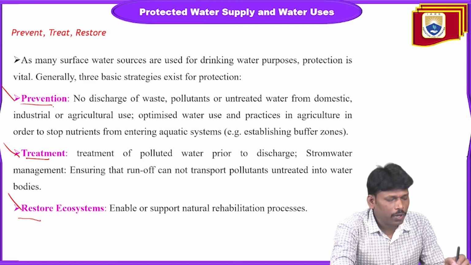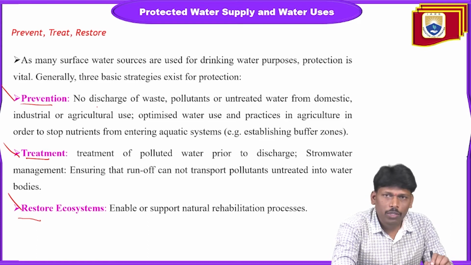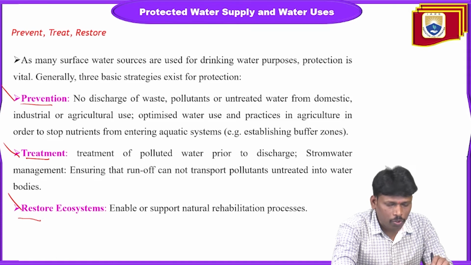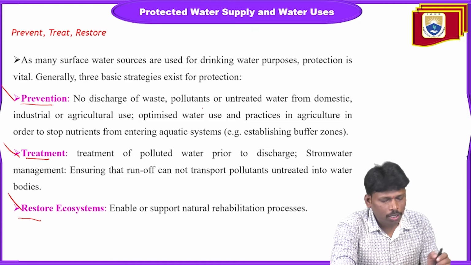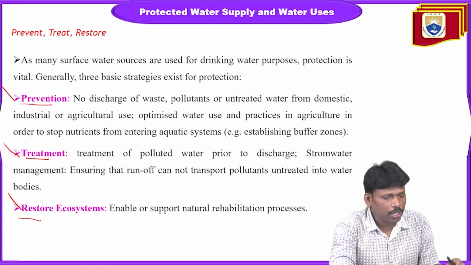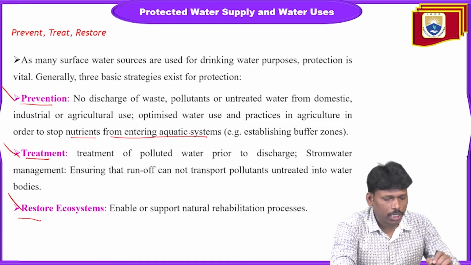In the case of prevention, there should be no discharge of waste pollutants or untreated water from domestic, industrial, and agricultural uses, with optimized water use and agricultural practices to stop nutrients from entering the aquatic system.